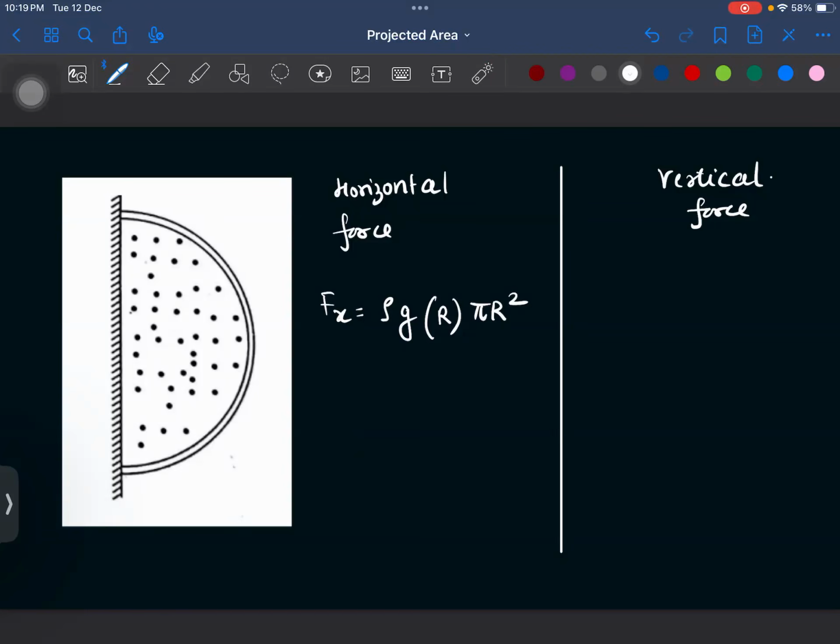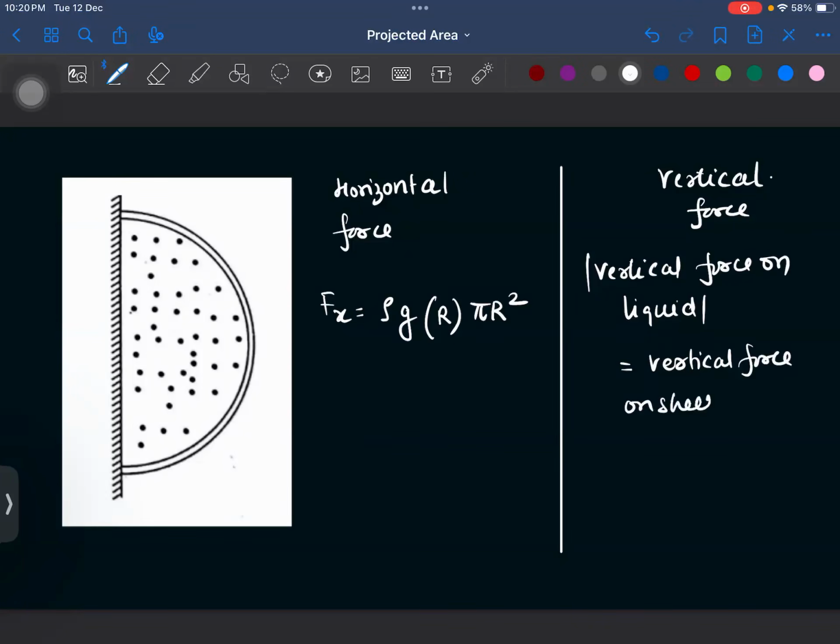Now, what will be the vertical force? The vertical force on liquid in magnitude will be equal to the vertical force on shell by liquid.